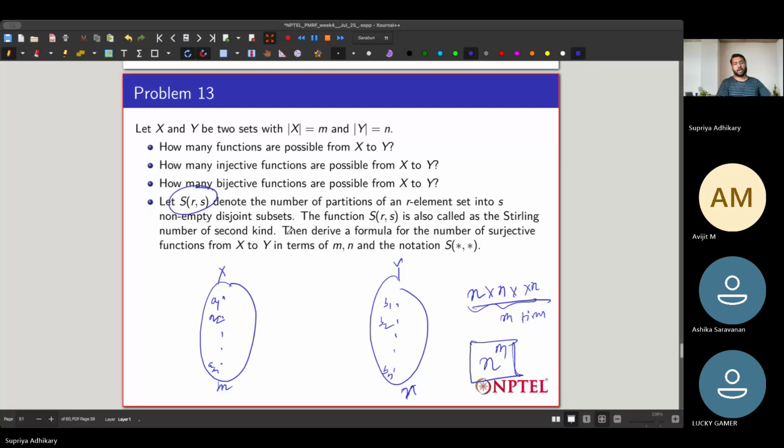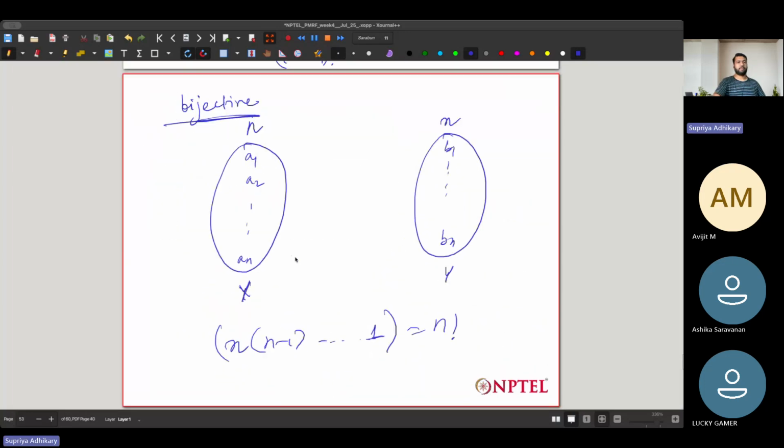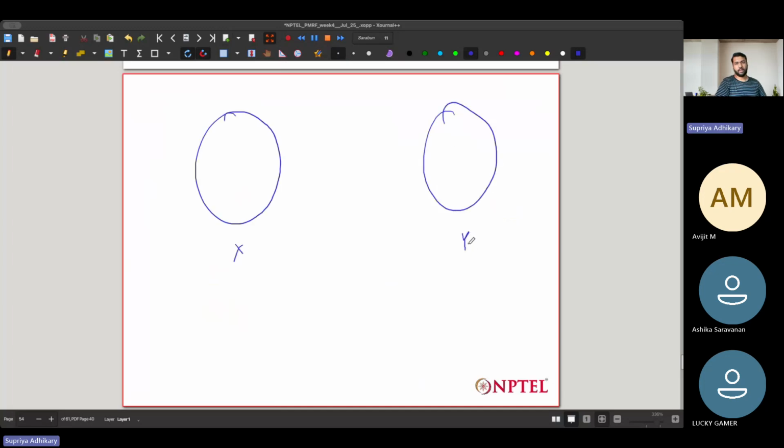So now what we have to do is derive a formula to find the number of surjective functions from X to Y. Suppose that we have an X and we have a Y. X has m elements and Y has n elements.